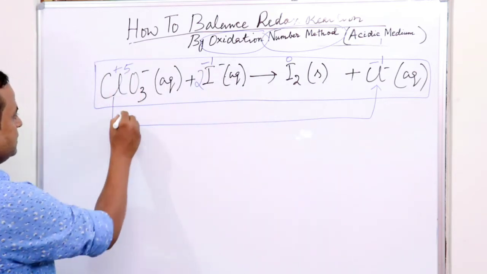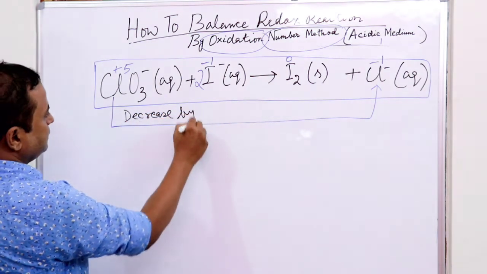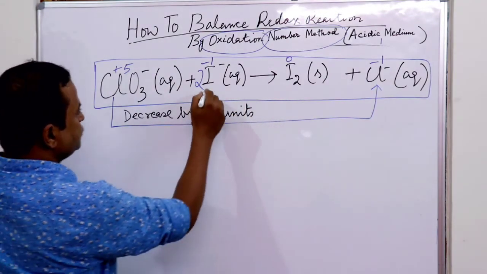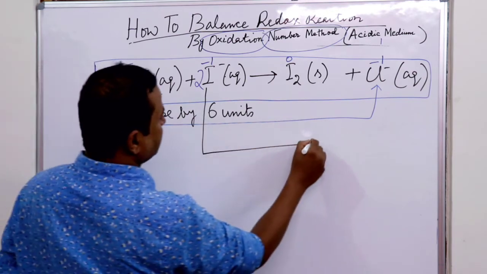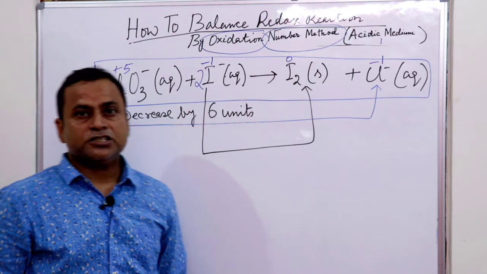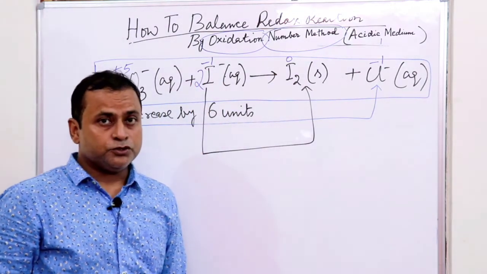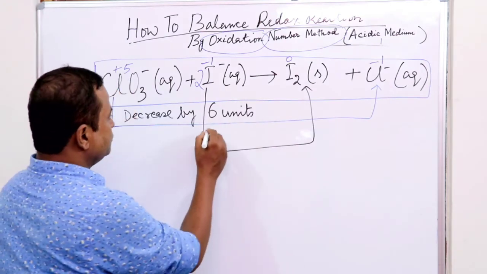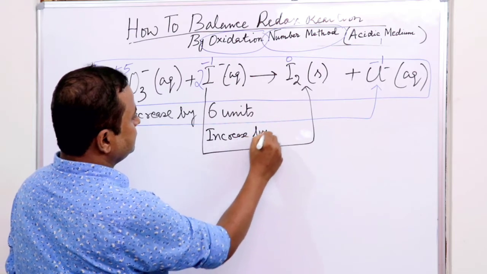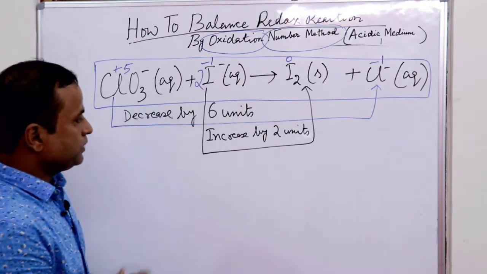So this is a decrease by 6 units. Now let's check iodine. See here, there is an increase in oxidation number of 1 unit, but there are 2 iodines, so we have to multiply the 1 unit with 2. So 2 into 1, so an increase by 2 units. So we have found that out.